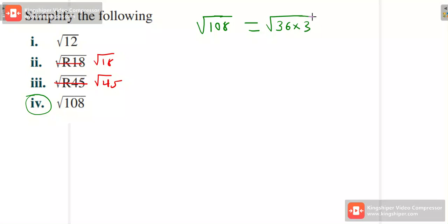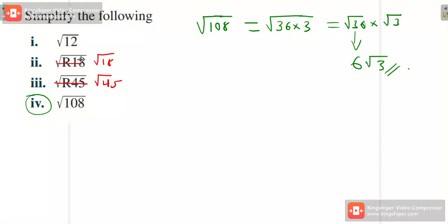Then we split it as root of 36 times root of 3. And we know that root of 36 will give us 6, because 6 times 6 is 36. Then it will multiply the root of 3. So that becomes the final answer.